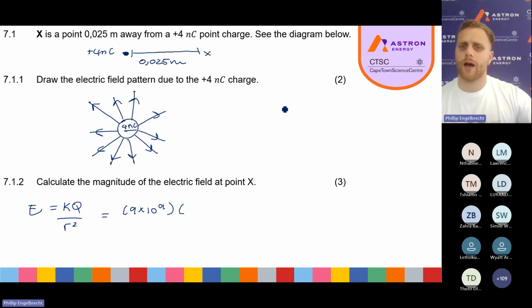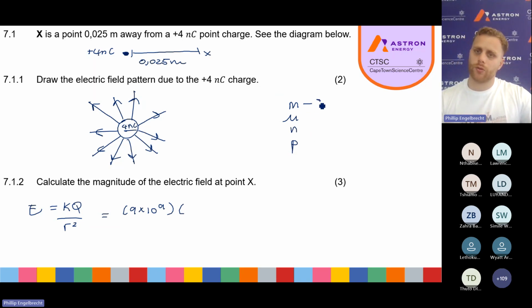Here's the thing. I always remember it like this. M-U-N-P, and then I'll go 3, 6, 9, 12. So I always remember MUNP, 3, 6, 9, 12.